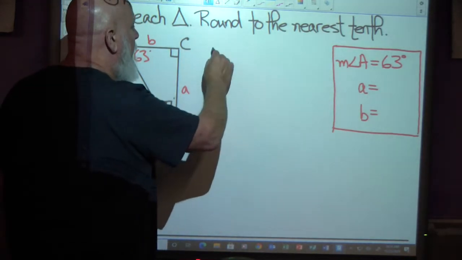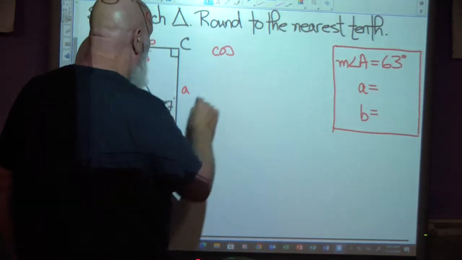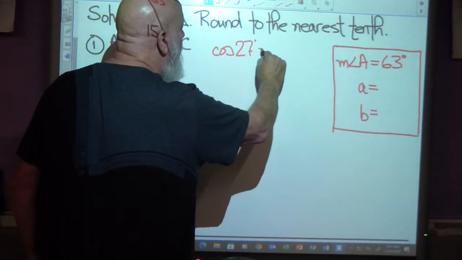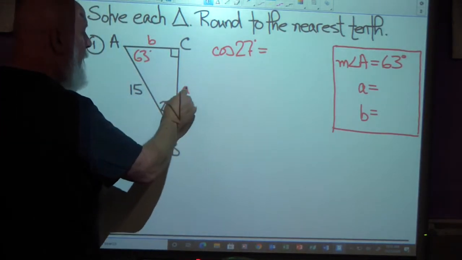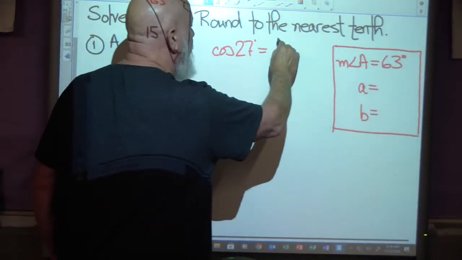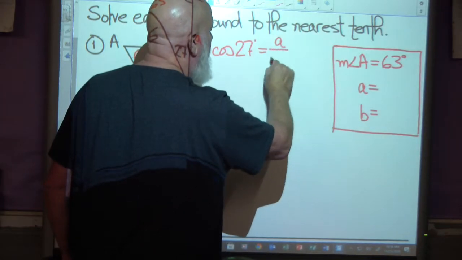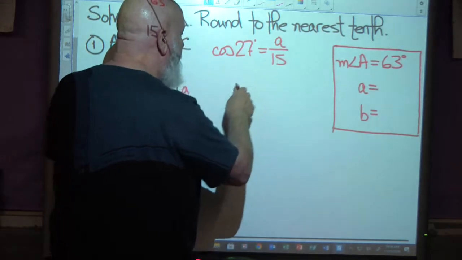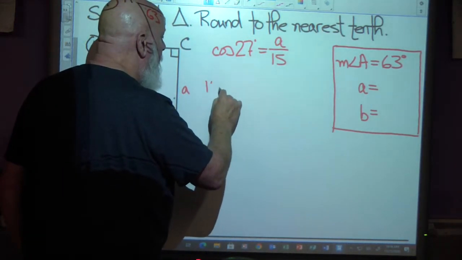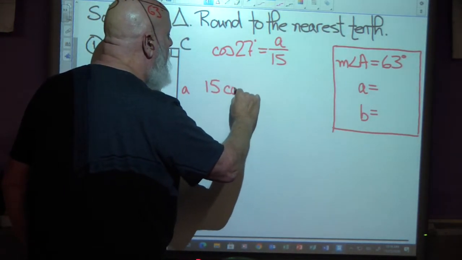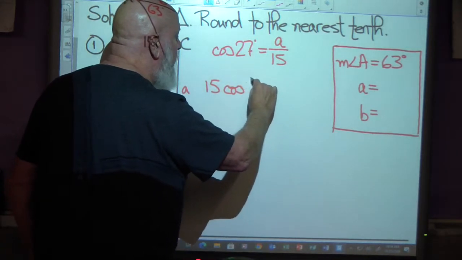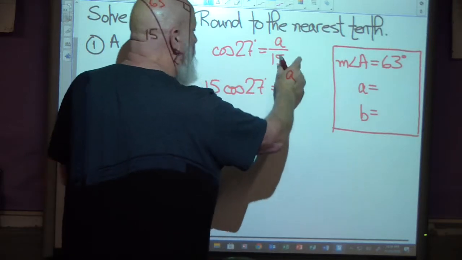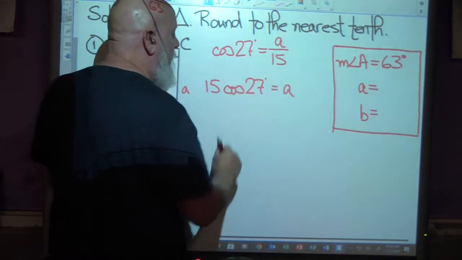So here we go. I'm going to say the cosine of 27 degrees is adjacent over hypotenuse, A over 15. I solve this for A by multiplying both sides by 15. I wind up with 15 cosine 27 degrees is equal to A. I just multiplied both sides by 15 and they canceled on this side.